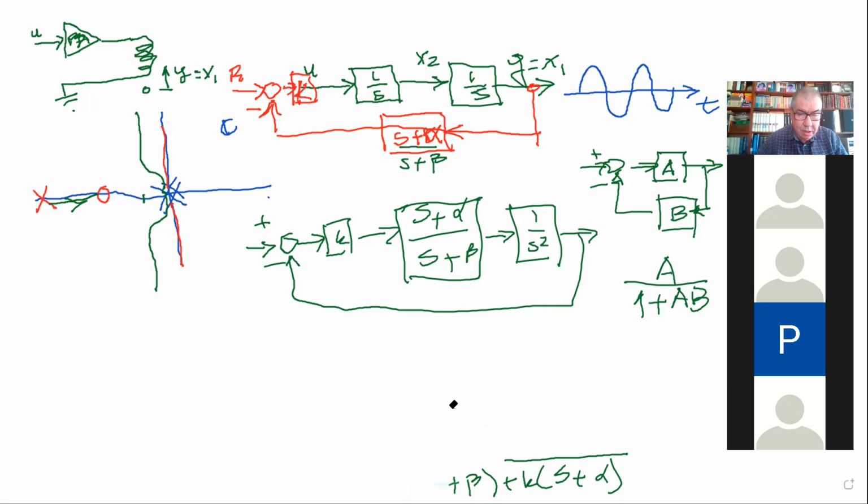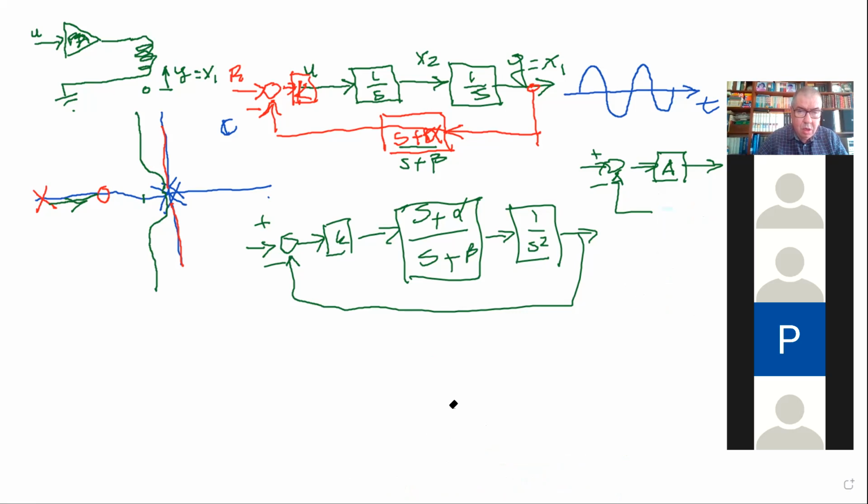No ideas? Oops, I'm writing too much. So S plus alpha. Okay. Another solution might be that, okay, I will clean this up.